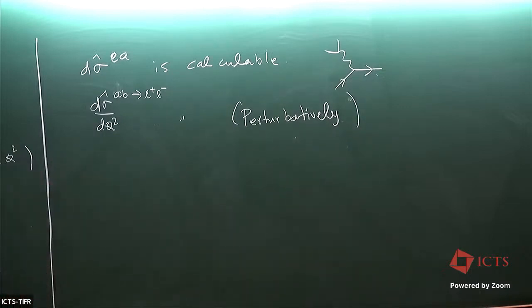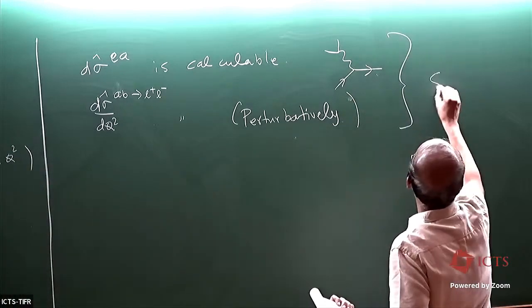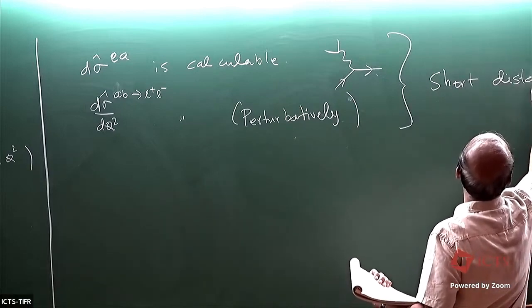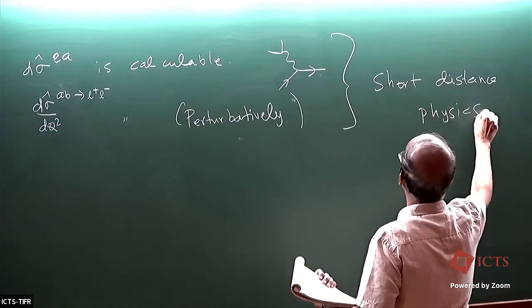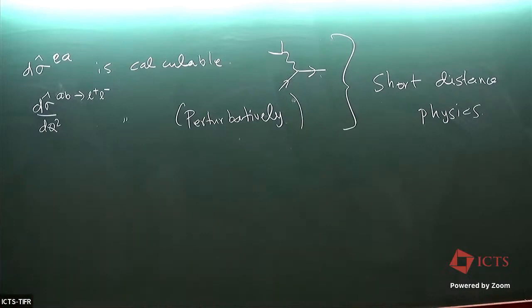It's a short distance process because it is about scattering at very high energies. Okay, they're called short distance part of the cross section. So in some sense, these are called short distance. Okay, short distance physics in high energy scattering experiments.